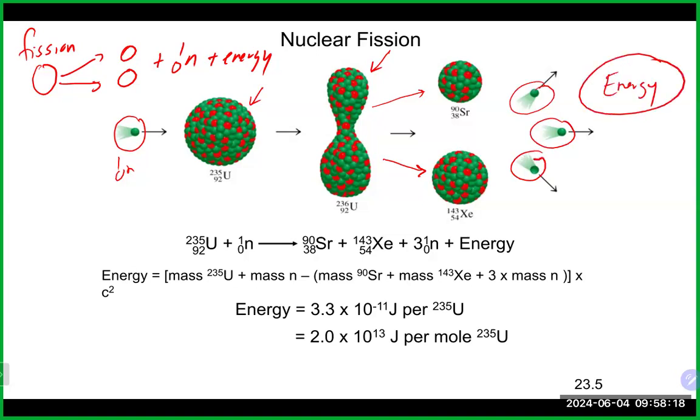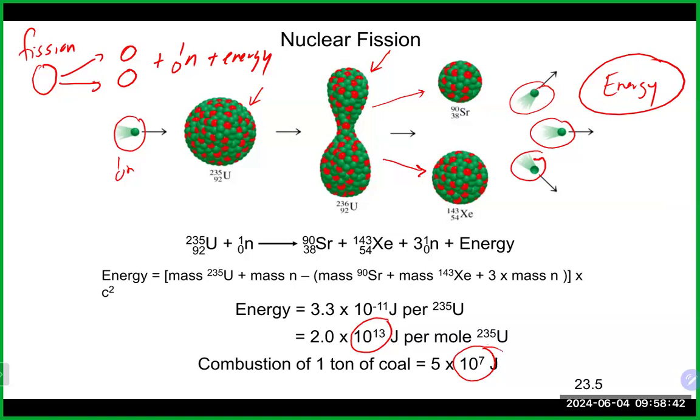And as you can see here, and as we maybe mentioned earlier in this chapter, the energy that you get per mole of uranium is on the order of 10 to the 13, which is a pretty big amount of energy released. If you compare it to the combustion of coal, it's about 10 to the 7.